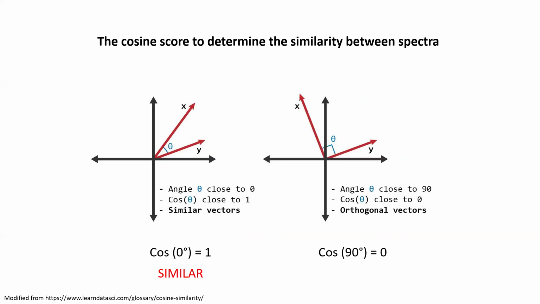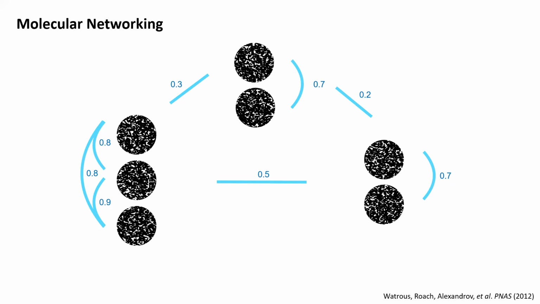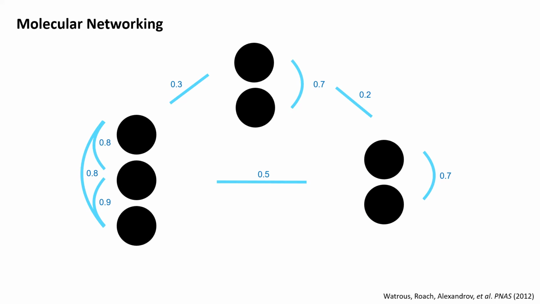But basically, if you have a cosine score of 1, those are identical, and if you have a cosine score of 0, they are different. So this is what we have to keep in mind. That's why we use 0.7, because we don't want to be too strict, but we don't want to be too loose either.